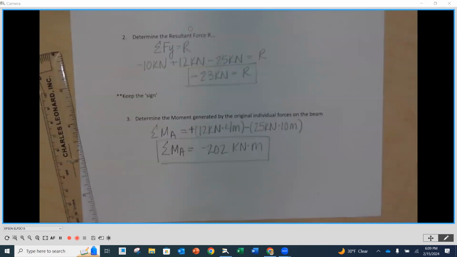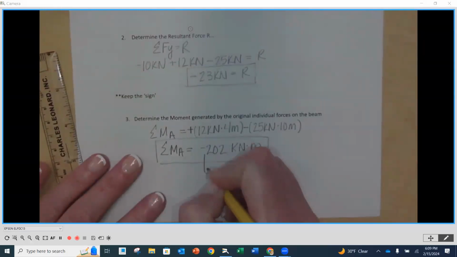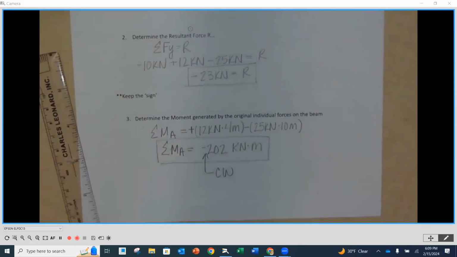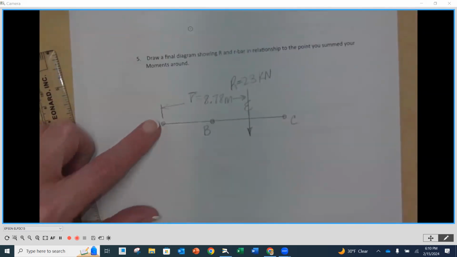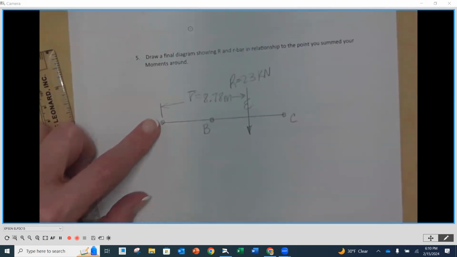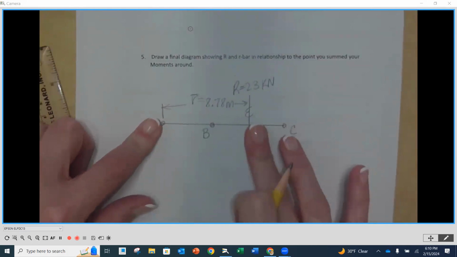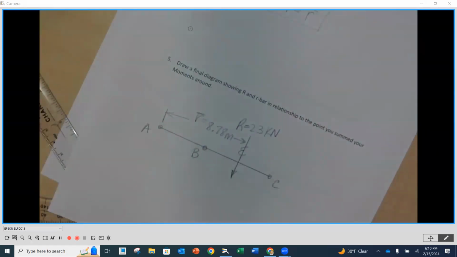Jack says yes. Why? Yes, this is a clockwise rotation because of that negative. So when I go over here, it has to have the same net effect. Now if I take my resultant and rotate, it's rotating clockwise as well. See how that works? It's so good.